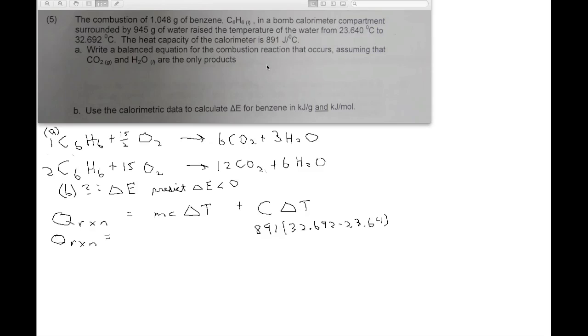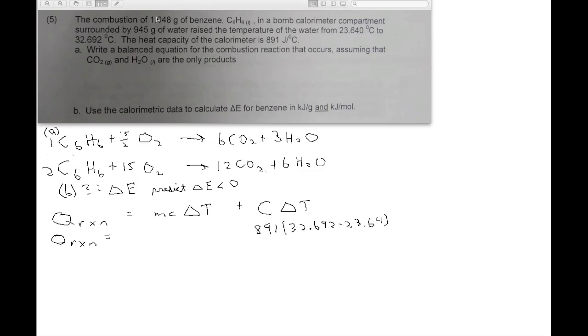The thing I'm noticing here is, notice they told you how much water there was, right? There's a bomb calorimeter compartment surrounded by 945 grams of water. So what is this reaction doing, absorbing or releasing heat? It's releasing it. And who's going to absorb the heat?